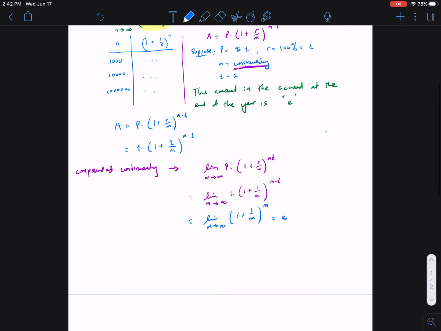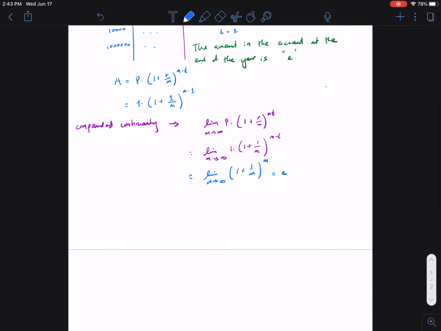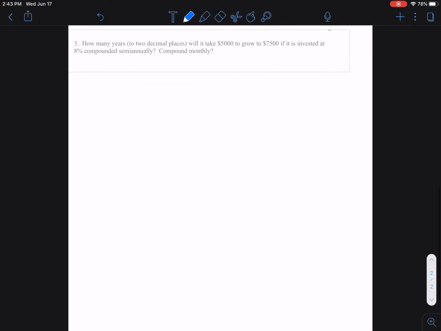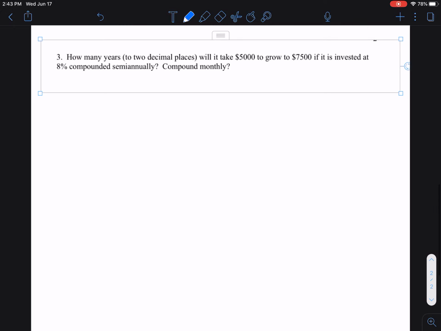So that's e. Let's do an example where we have an application that deals with continuously compounded investment. So here's an example. We want to find how many years it will take an initial investment of $5,000 to grow into $7,500 if it is invested at 8% compounded semi-annually and then compounded monthly.